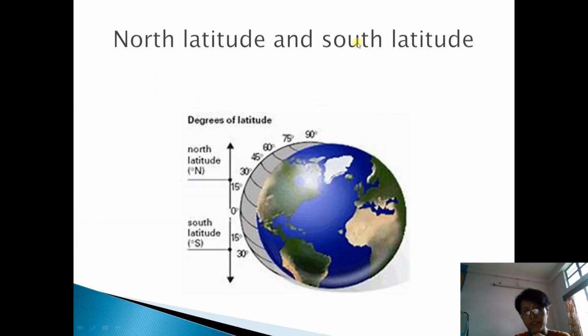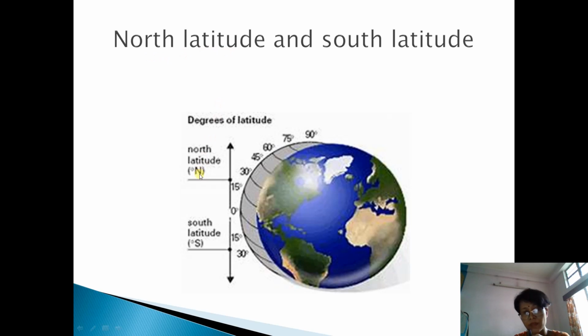Now north latitude and south latitude, these two terms you have learned in the book. So what are called north latitudes? See, this is equator, 0 degree. Again, I'm showing from 0 to 90 degrees, the north pole. Okay, 90 degrees north means north pole. Total 90 parallels are there, which we can say as north latitudes.